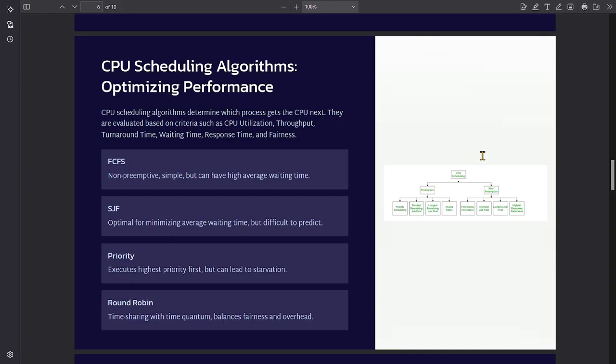Priority scheduling executes the most important task first, though it may cause starvation. Round robin assigns each task a time slice, promoting fairness. These algorithms are critical in balancing throughput, utilization, and responsiveness, especially in systems with multiple concurrent tasks.